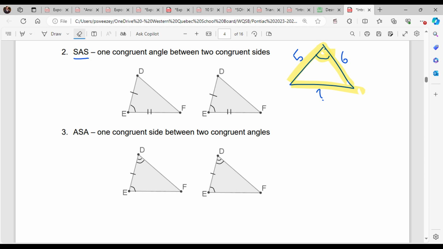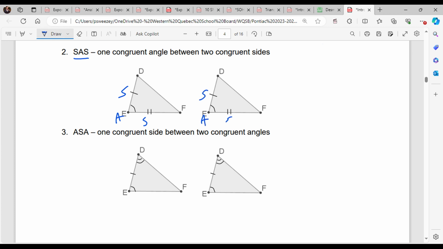All that to say, in this case, you need to have both in order. It has to be that this one is side, angle, side, and that this one is side, angle, side order. If they are not in the same order, then it doesn't flow.